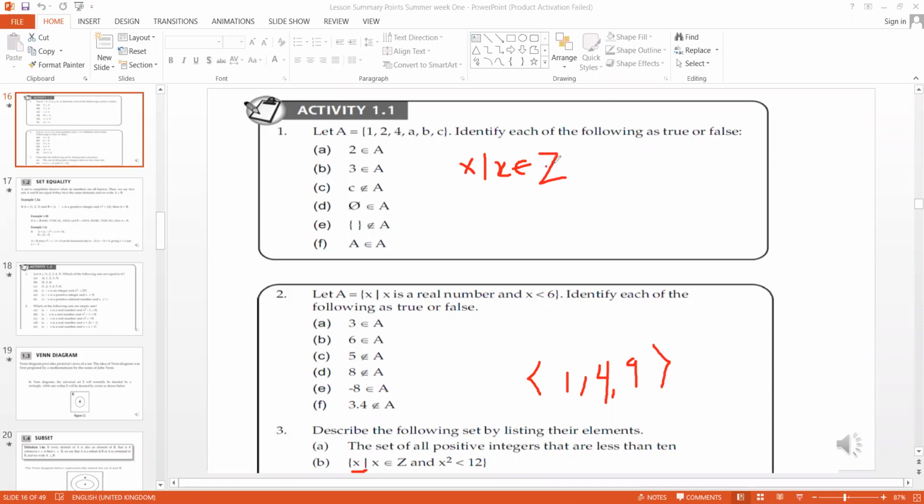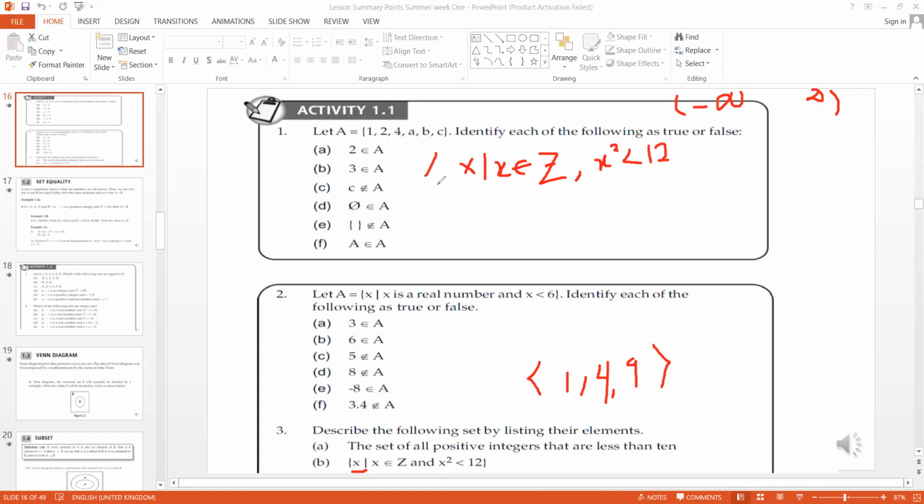Integers. Don't forget, integers start from negative infinity to what? Positive infinity. I told you to have a good look at the table before we proceed. So integers start from negative infinity to positive infinity. And we've also been told that x squared should be less than 12.